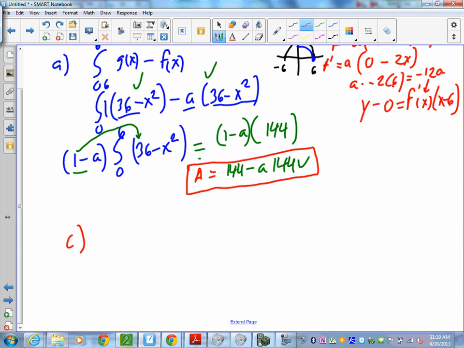So on part C, pretty much we're going to take 1/2 of 144 times this 1 minus a, and set it equal to the integral of our original function.